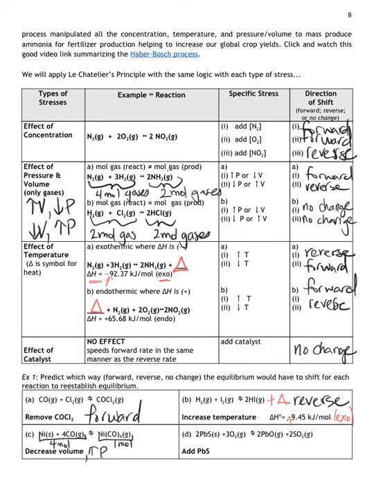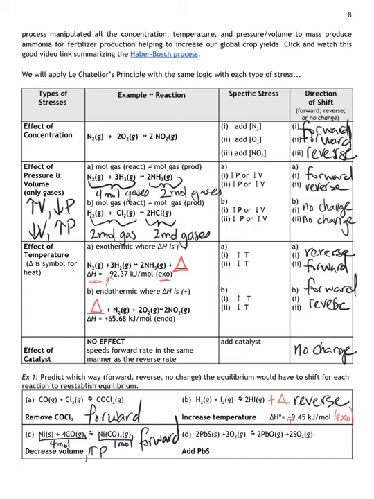So if I increase pressure by decreasing volume, I'm going to want to move to the side with fewer moles of gases because I have less room, and I've created more pressure. If I move towards the reactant side, I'm creating more pressure because there are more moles of gases. So I'm going to move towards the products, which means I'm going to shift right, in the forward direction, where there are fewer moles of gases.